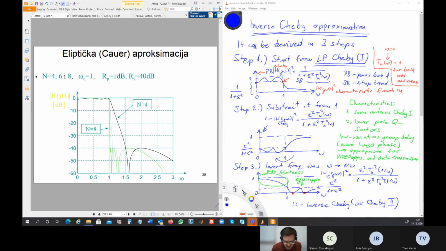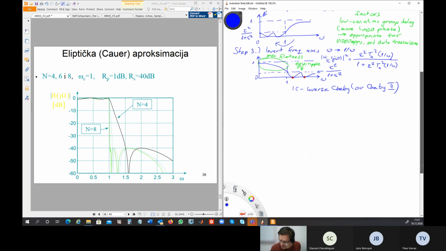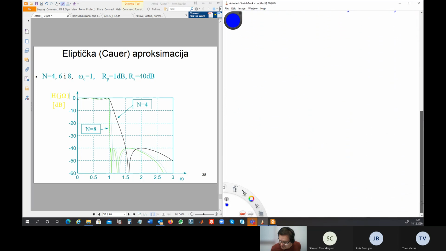So how is Cauer approximation defined? We go down here. Cauer is sometimes called Cauer-Chebyshev.